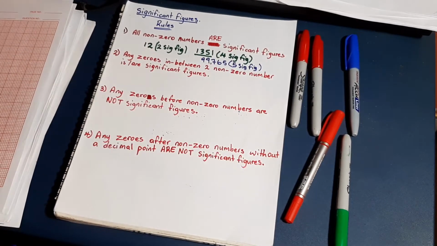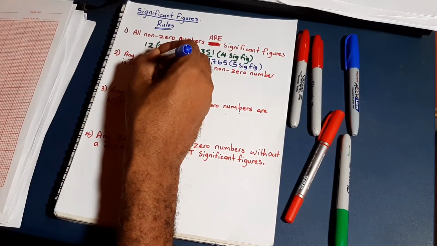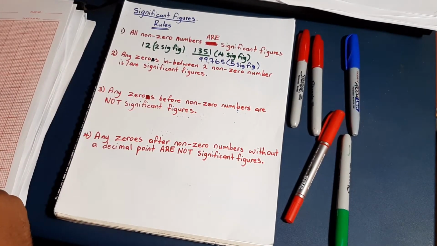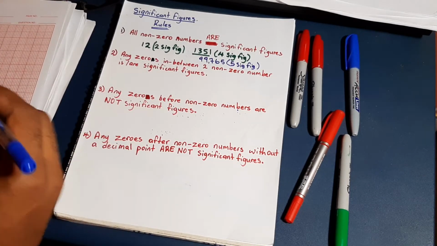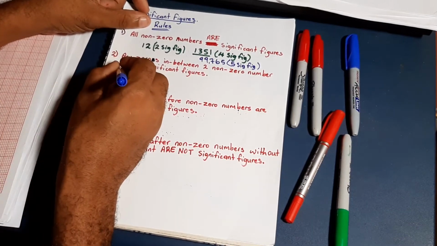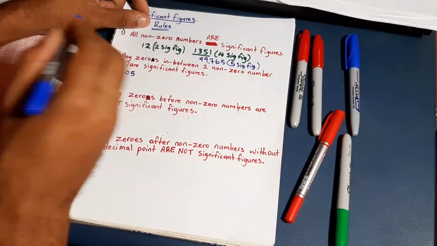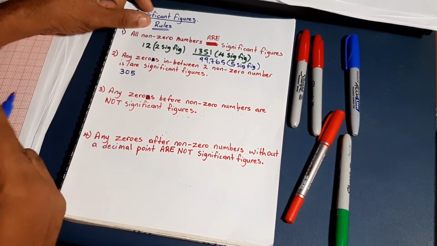Rule number 2: any zeros in between 2 non-zero numbers are significant figures. Now what do I mean by that? Zeros that are in between non-zeros. If I should have the number, for example, 305, we would have to consider that 0 as a significant figure.